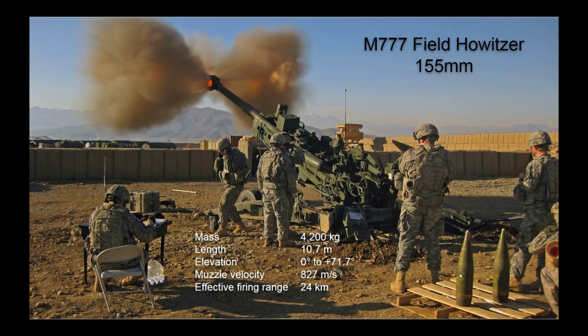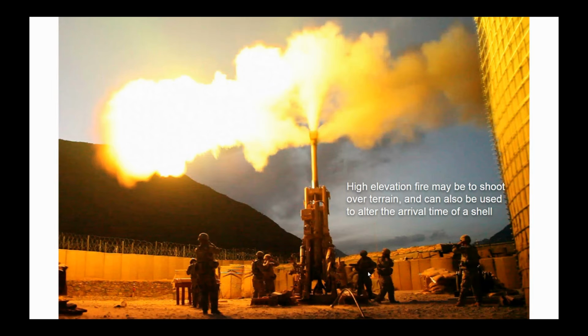A standard M777 field howitzer firing a 155 millimeter charge, that's 155 millimeters wide back here, it's not the length of the gun, can shoot 24 kilometers. Now, they have to start aiming pretty high to get those long ranges, but 24 kilometers is a good distance, and we're going to look at these ones next.